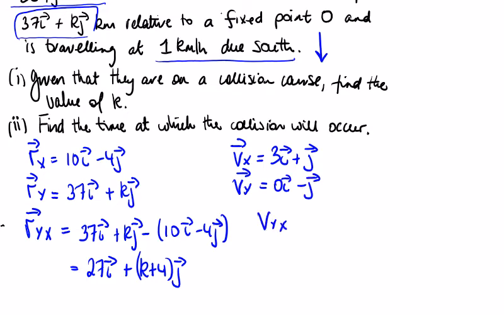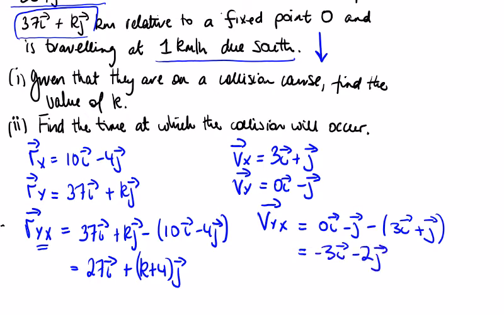The velocity of Y relative to X, that's what we did before, isn't it? So that's equal to 0i minus j minus 3i plus j, which gives me 0 minus 3, so minus 3i, and minus j minus j, so minus 2j.